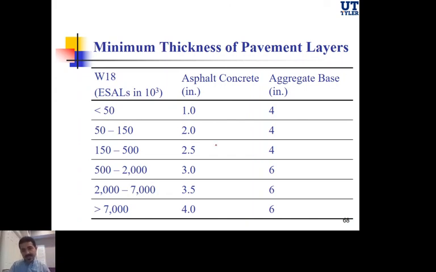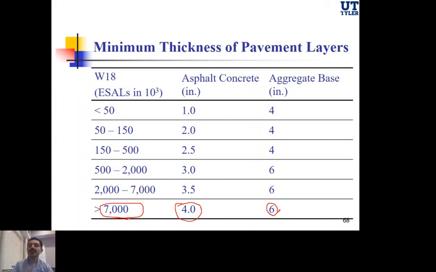For example, the highway we just dealt with had about 10.5 million ESALs per direction, which is in this category right here. If I have a highway handling more than 7,000 times 1,000, which is 7 million, the minimum thickness of the hot mix asphalt has to be 4 inches, and the minimum thickness of the aggregate base has to be 6 inches.